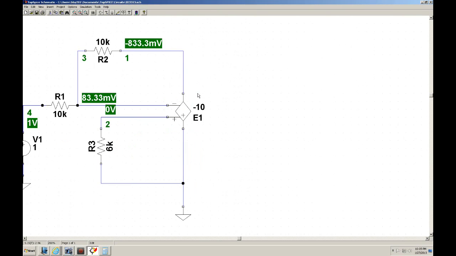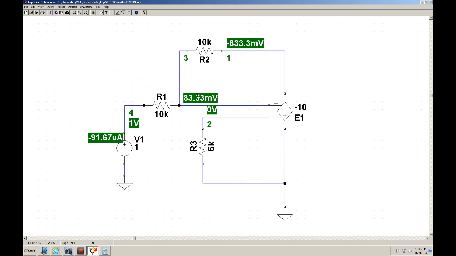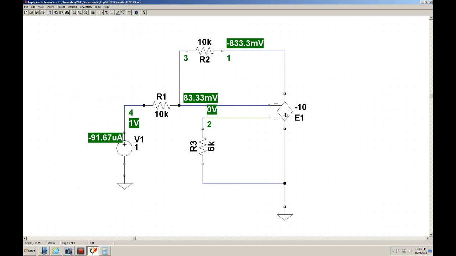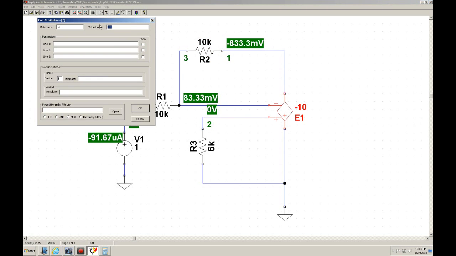In case you can't see it, there you go. So it comes in agreement. We already did the 1 meg, and the 1 meg showed that you get 1 volt. And the reason, again, I'm putting a negative is because I'm flipping the voltage.